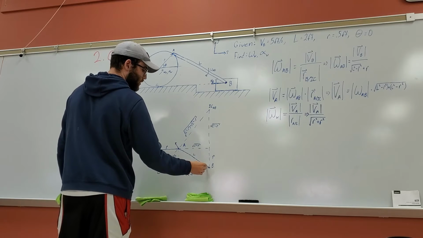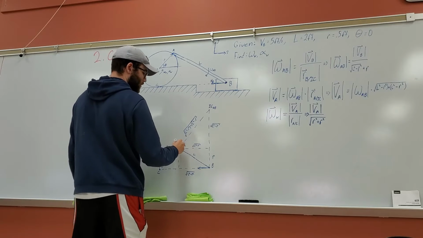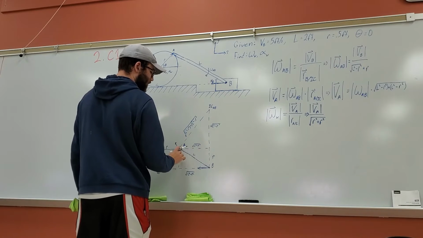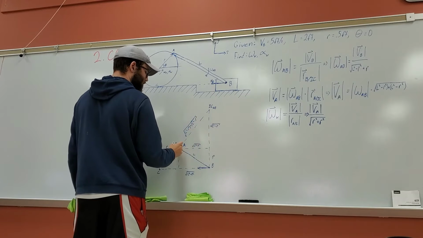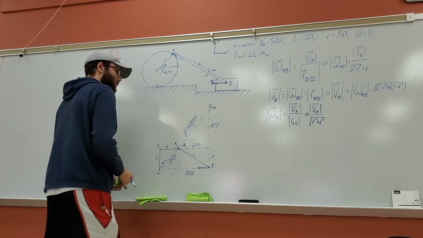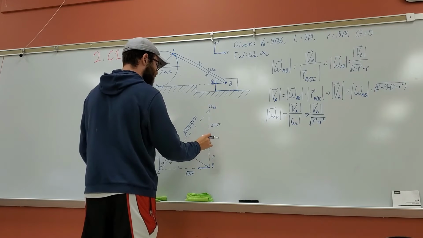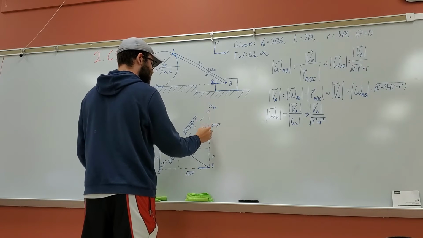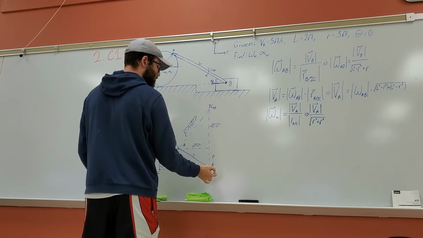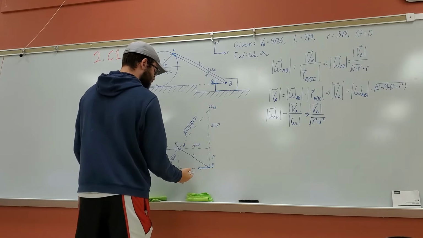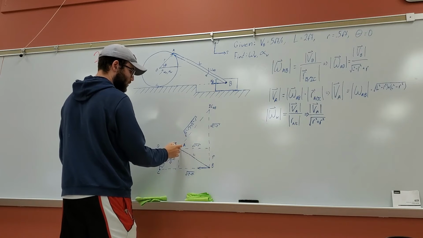And since we know that the velocity of B is going solely on the y-axis, we can find the instant center of A and B by going perpendicular to those velocity vectors. And from there, we can find the leg here, and the distance from the instant center AB to B by taking this as our bottom leg of the triangle.